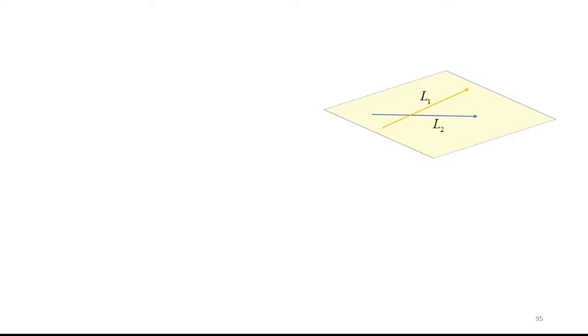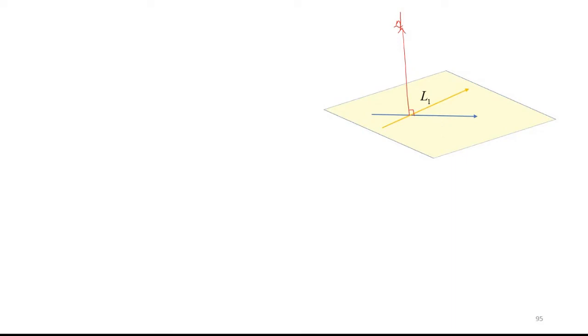To find out the normal, awak nampak kat sini L1 dengan L2, kita nak dapatkan satu normal yang perpendicular to both of them. So bila kita nak dapatkan normal yang perpendicular to both of them, kita harus cross L1 and L2. But yang mana satu yang awak nak cross?